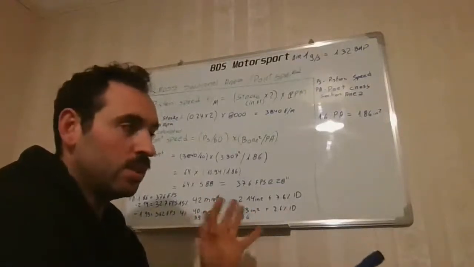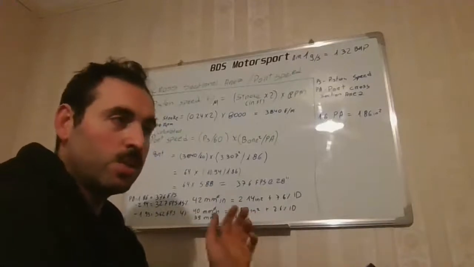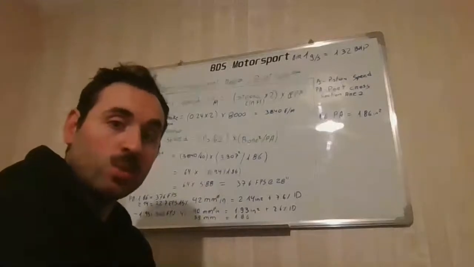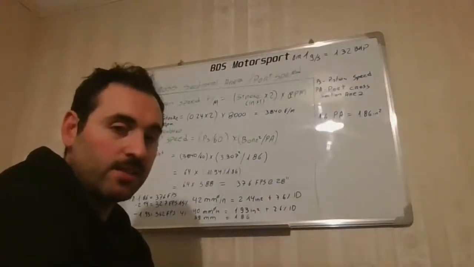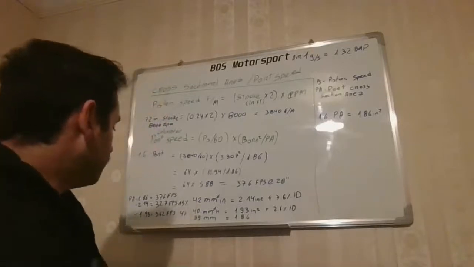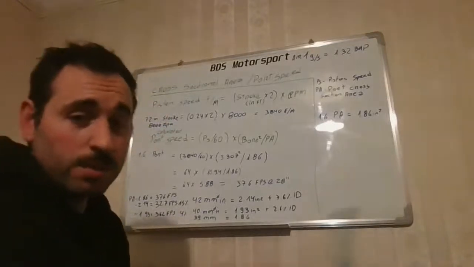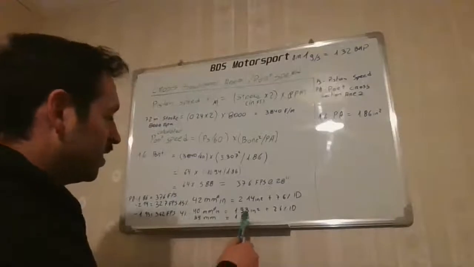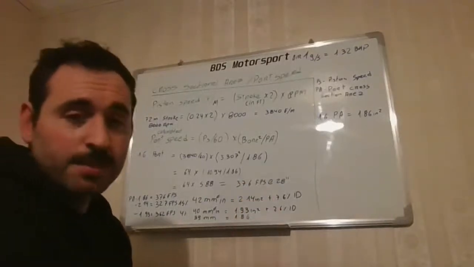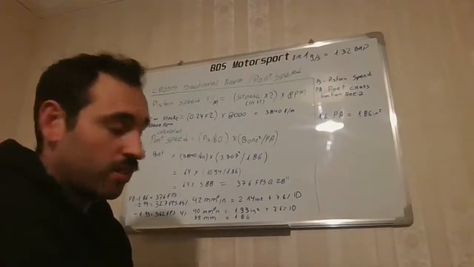When the valve opens at the right time for the right amount of time, you will have the right air speed in there to make excellent cylinder fill, which is what gives you the volumetric efficiency. So now on this engine, what would be the ideal size? 39 mil. It goes exactly to the 1.86 of cross-sectional area.